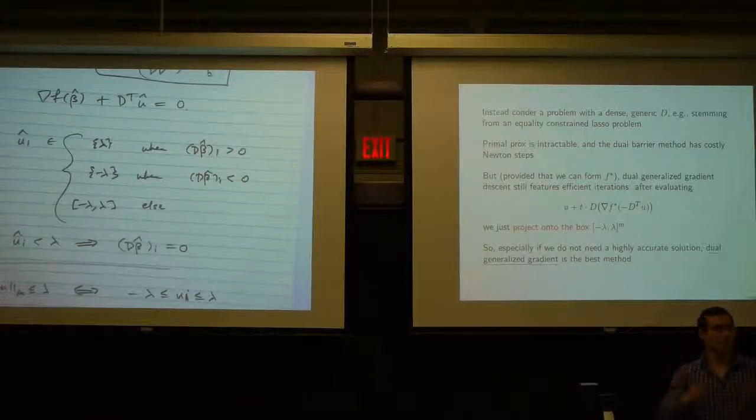But it was this big, dense matrix. It had no structure. And somebody tells you that they want a solution to this equality-constrained lasso problem. And it doesn't need to be terribly accurate. They just need a solution to some degree of accuracy. Then what would you use in this case?